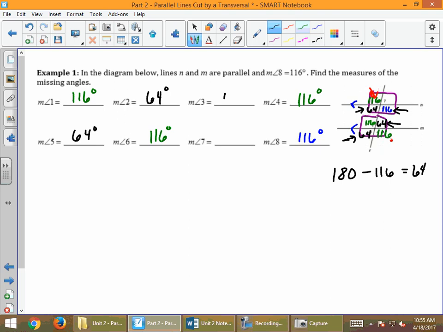So we know angle 3 is going to be 64 degrees. And lastly, 7 is also going to be 64 degrees because that's its alternate interior angle with 3. And it's also angle 2's corresponding angle. So there we go.